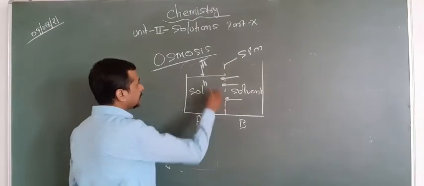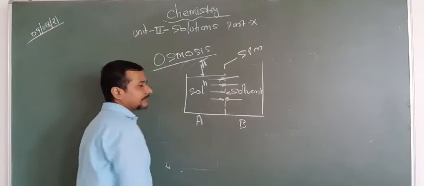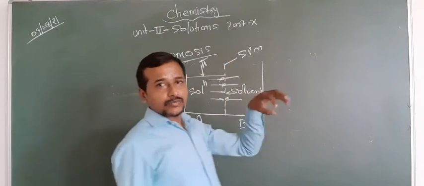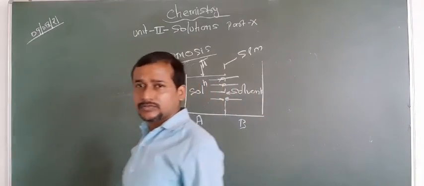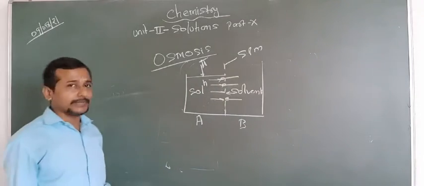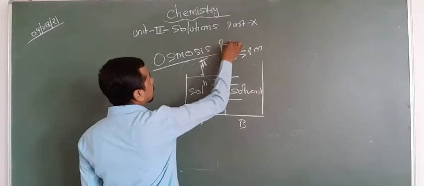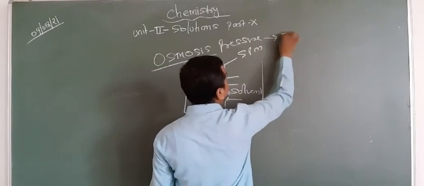Now what happens here? This prevents the flow of solvent molecules. So the pressure applied toward the solution side to just prevent the flow of solvent molecules is known as osmotic pressure. For osmotic pressure, we use the symbol pi here.